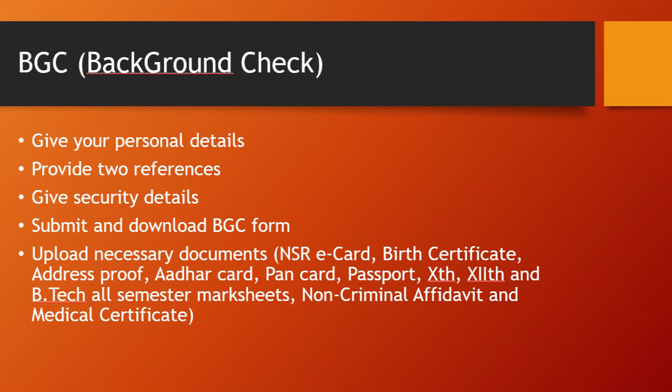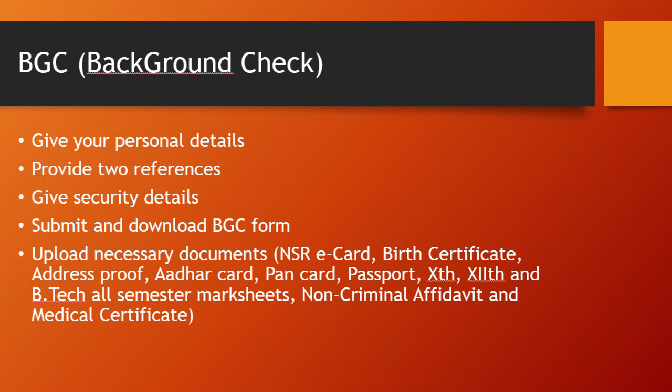So you have to get into settings and clear the cache, cookies and all those things. Then again click on the background check option, then the background check page opens, and you have to click on initiate BGC and fill the BGC form.